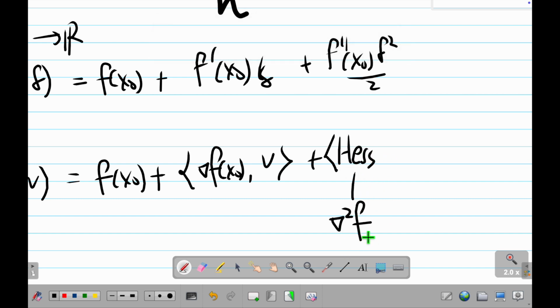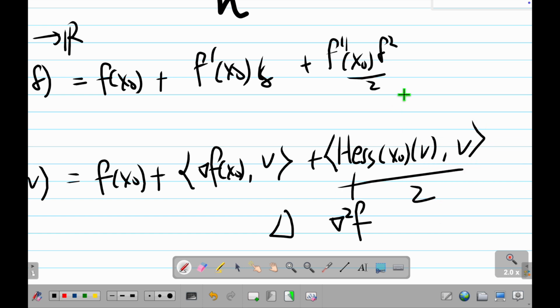I write Hess instead of the symbol because some people confuse it with the Laplacian from PDE. And then this is the matrix, applied to V and V, divided by 2 factorial.